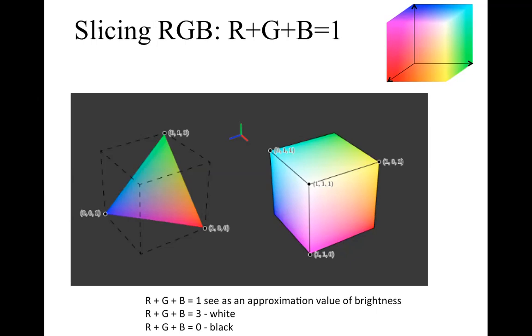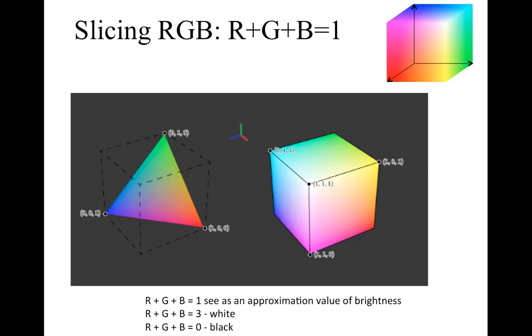Of course, if you take a parallel plane that goes through the value 3, where R plus G plus B equals 3, you have only one color, white, where you have the maximum brightness.